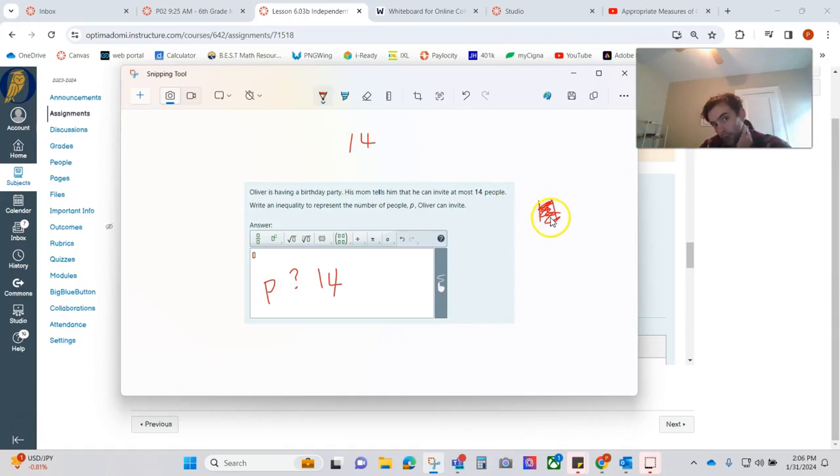So at most 14. If I drew a number line, here's 14, here's 13, here's 15. If Oliver invited 15 people, his mom tells him you can invite at most 14, and Oliver invites 15, is that okay?